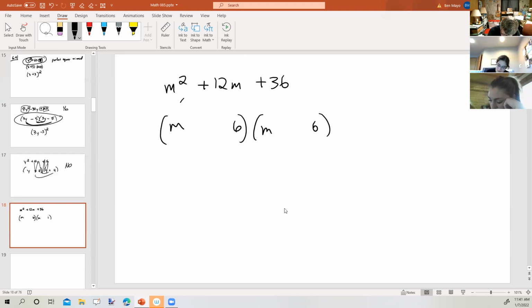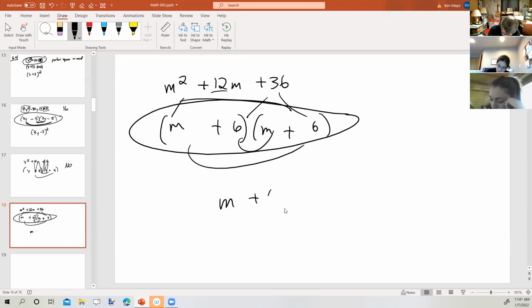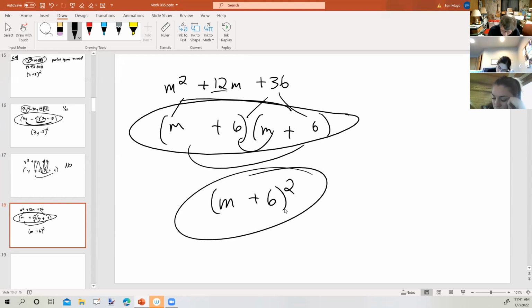We break apart the m squared and the 36. It's got to be what? Plus. Does that give me plus 12m in the middle? Yes, it does. So there's the answer. Or again, I could write it that way as well. But can you see how, if it's a perfect square, factoring it is faster doing it that way than trying the other methods? Okay.